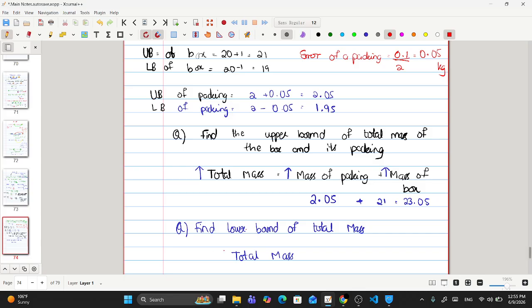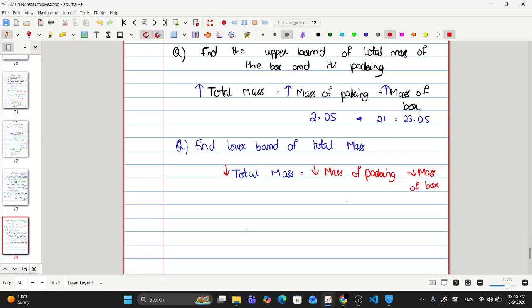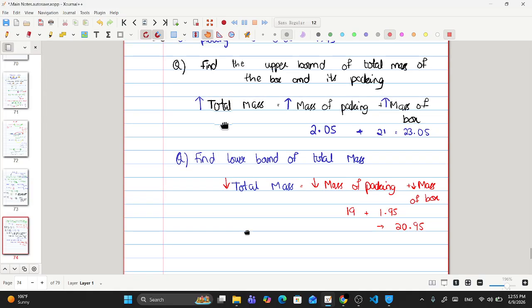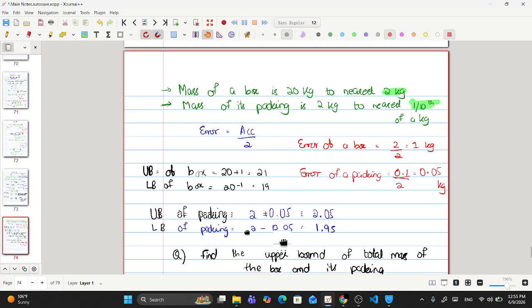Total mass means the lower bound of the mass of packing, which is inside the box, added to the mass of the box, and you're going to take the lower bound there too. So that becomes 19 plus 1.95, which is 20.95. I checked it on a calculator. Yes, 20.95.